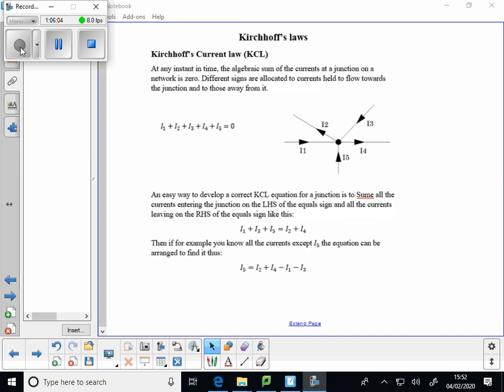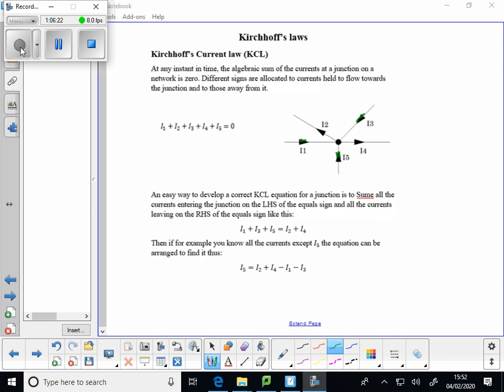I like to think of it as putting all the currents going into the junction on the left-hand side of the current law equation and all the currents leaving on the right. So in this case, I1 is going in, I3 is going in, and I5 is going in.